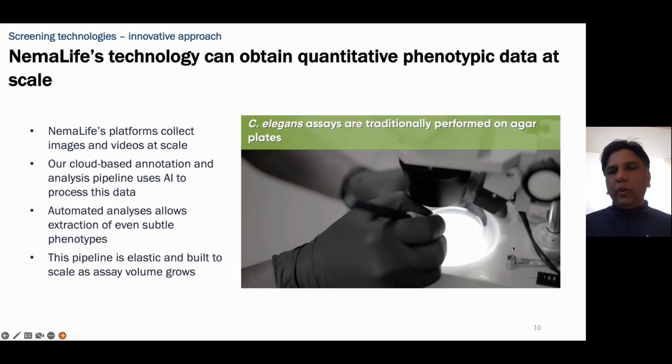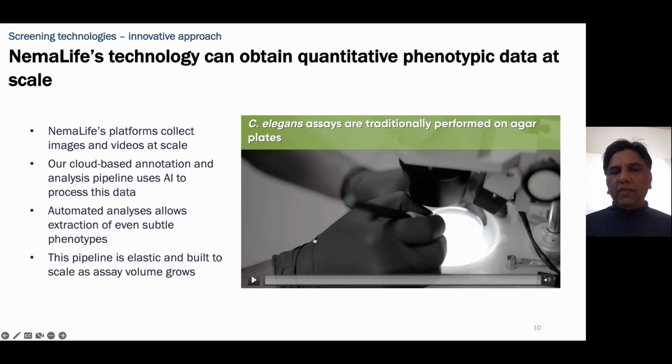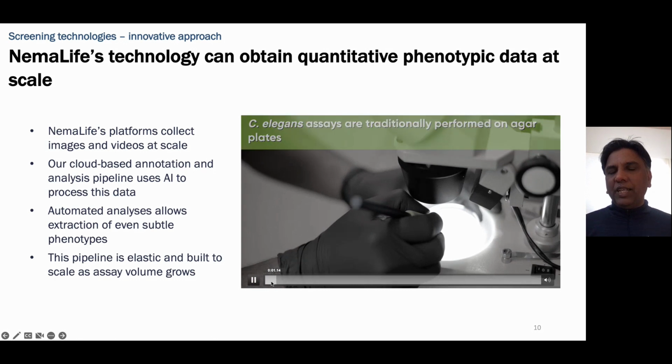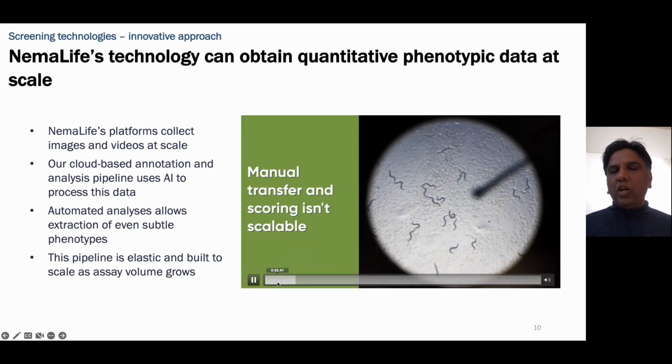So here is a quick video that shows how the actual system works. I'll play this and I'll stop at different places to explain the key pieces of the technology. So this initial segment is showing that it's very tedious to pick animals on agar plates.